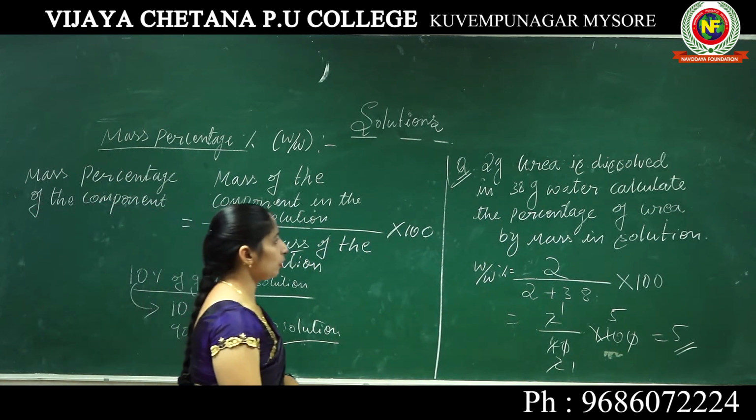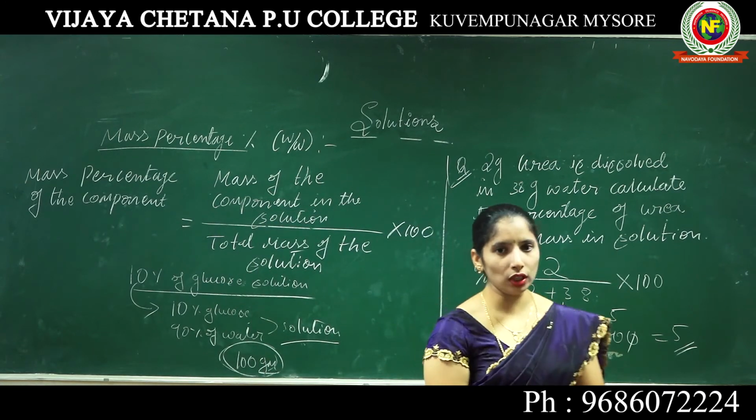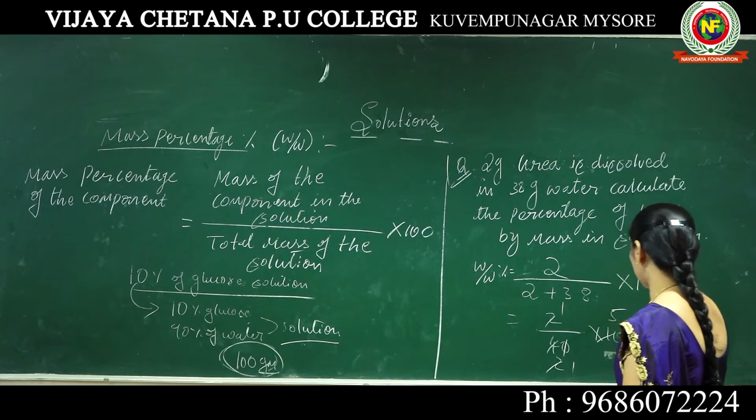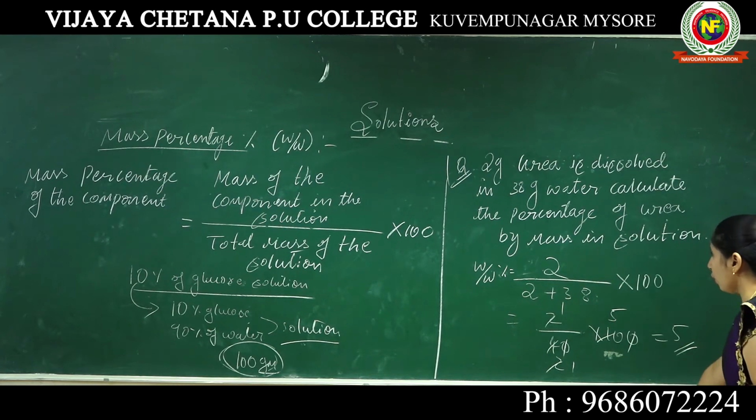So the percentage of urea by mass in the solution is 5.